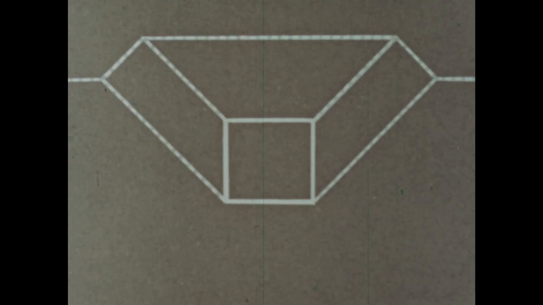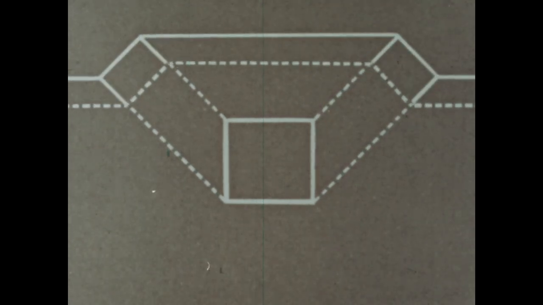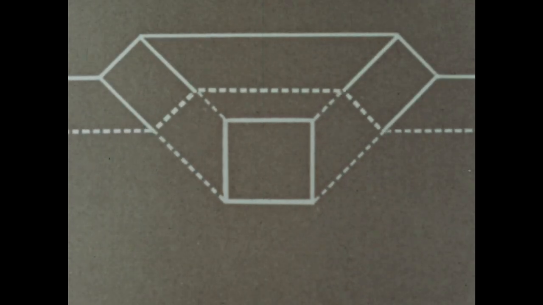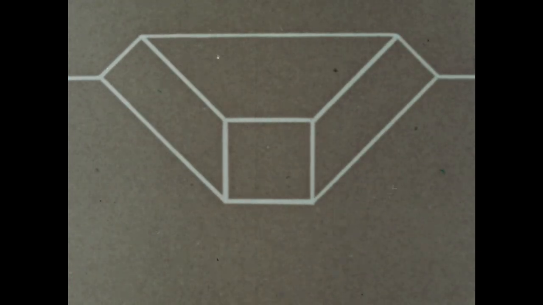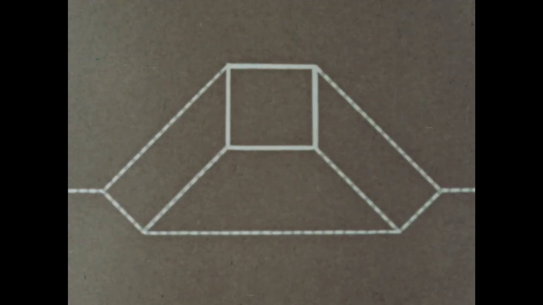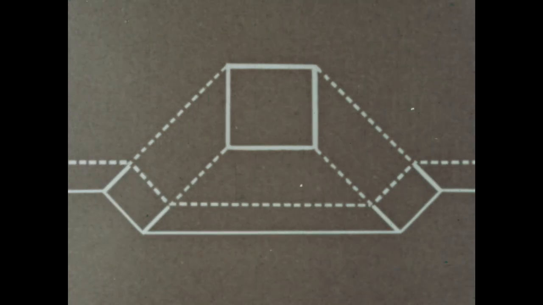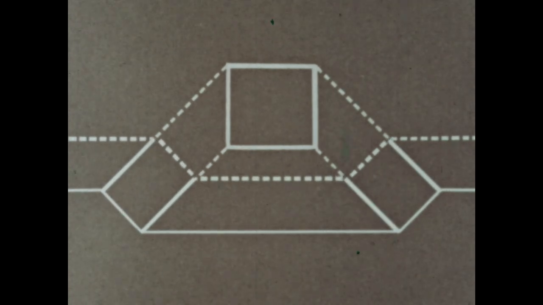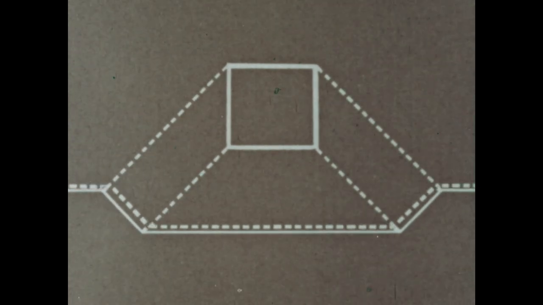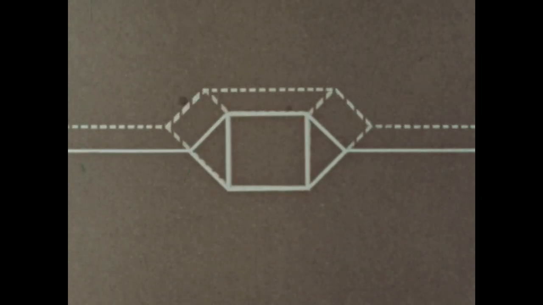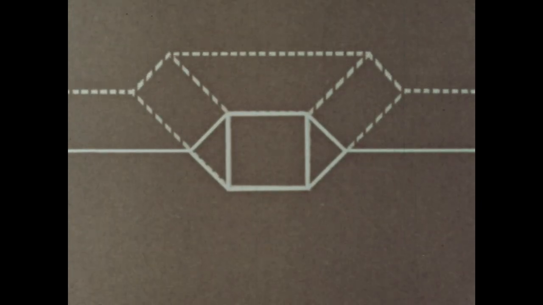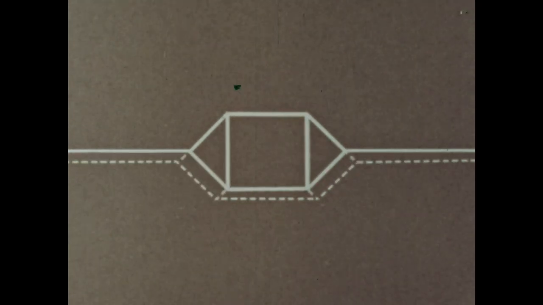Some, like this one, will pull back on the wall. Others, such as this, will pull the wall forward. And still others, like this, will impede wall motion in either direction.